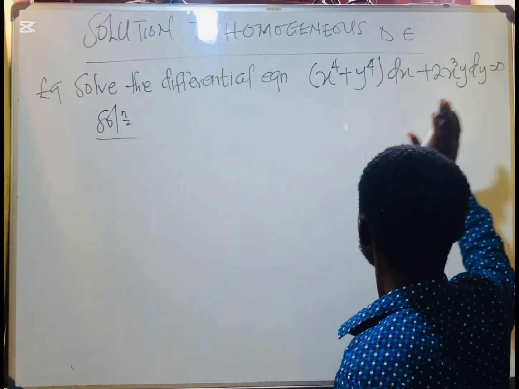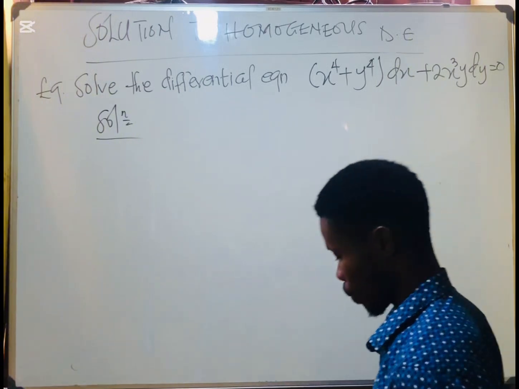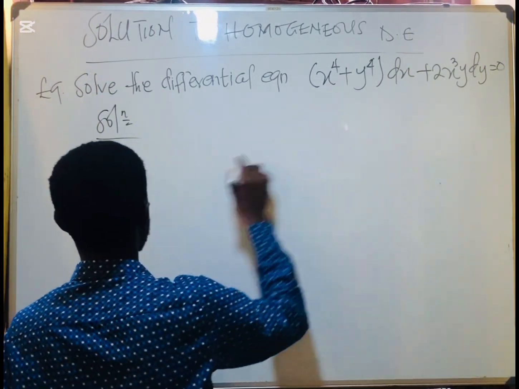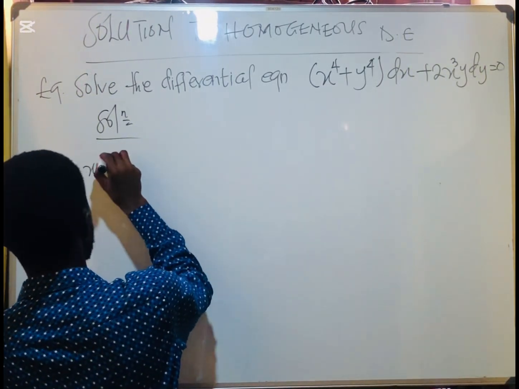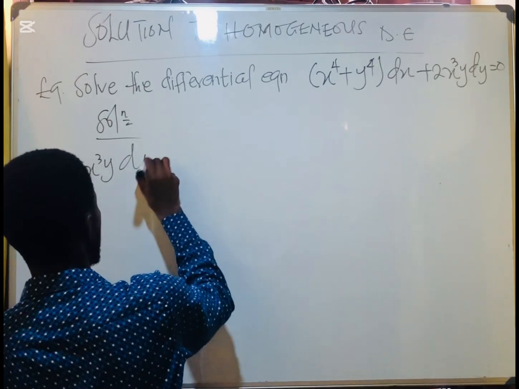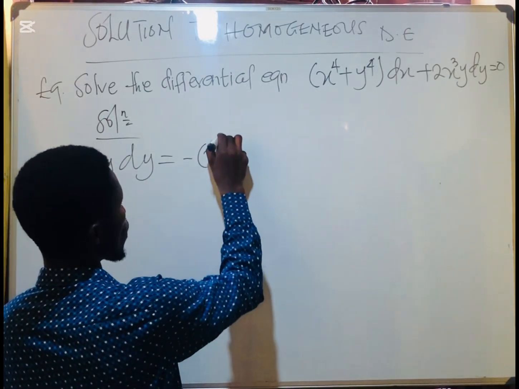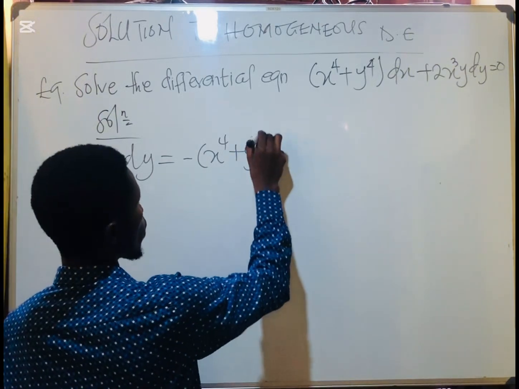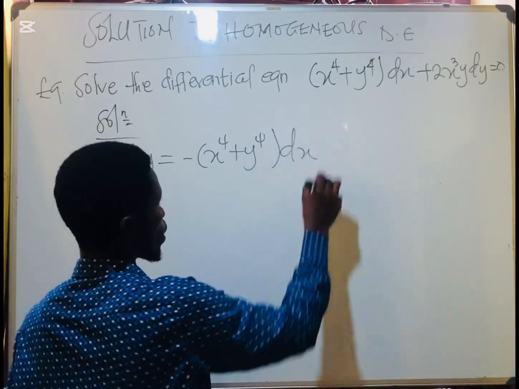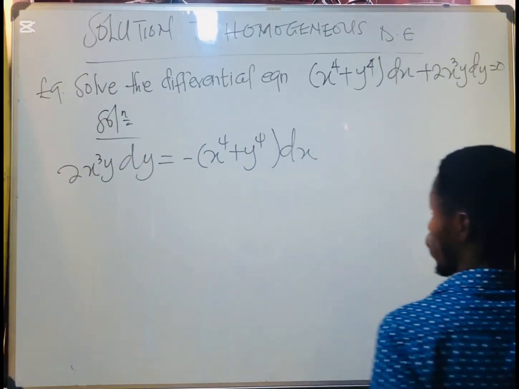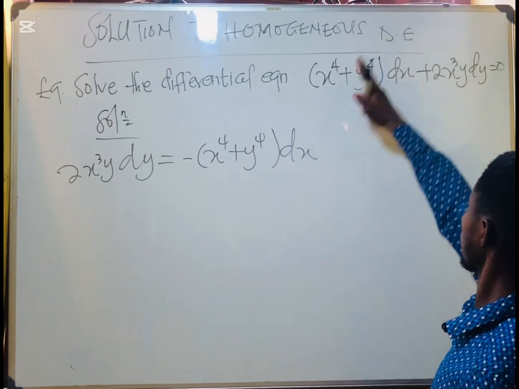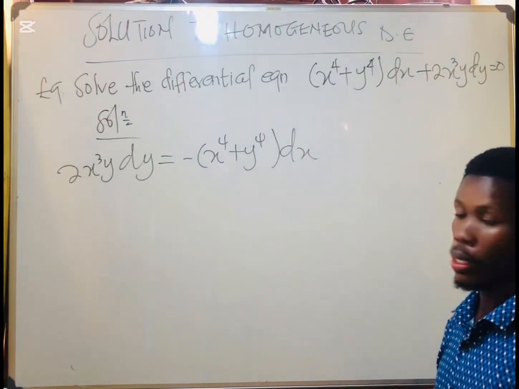So dy/dx first. I can write this as 2x³y dy = (−x⁴ + y⁴) dx. What has happened? I just sent this to the other side, so it becomes negative.